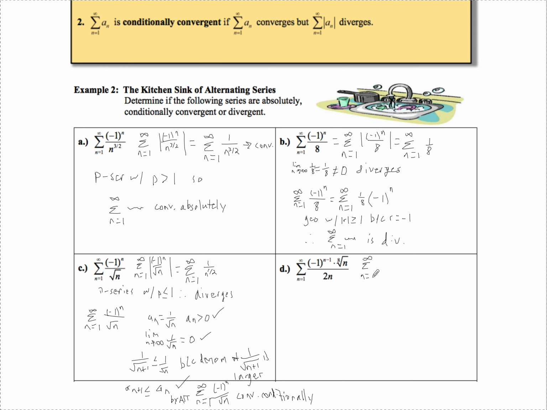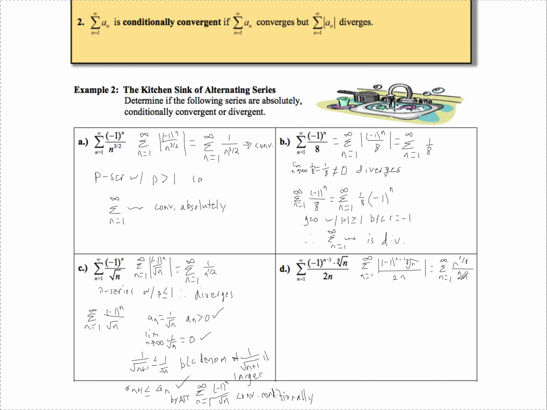The sum from n equals 1 to infinity of, I take the absolute value of everything, negative 1 to the n minus 1, 8th root of n over 2n, would give me the series n equals 1 to infinity of, I would lose the negative 1 part, n to the 1/8 power over 2n.